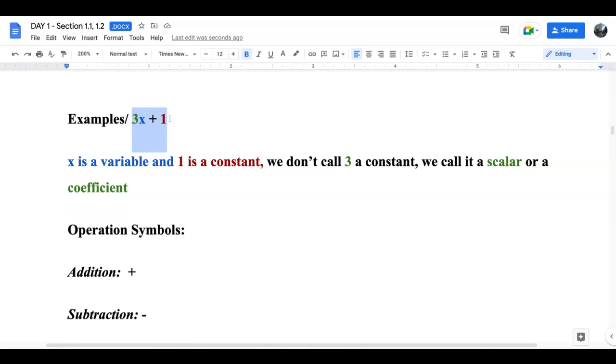So in this expression, the variable is x, the constant is 1, and 3 is called the coefficient of x. Okay, that's how we identify them.